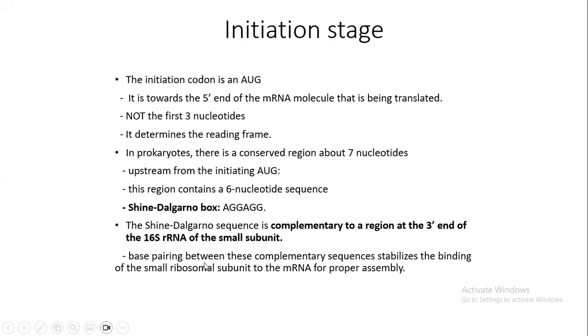Thus, there is a specific base pairing that takes place between the complementary sequences that stabilizes the binding of the messenger RNA on the 30S small ribosome subunit so that the AUG start codon is present at the proper location on the ribosome.